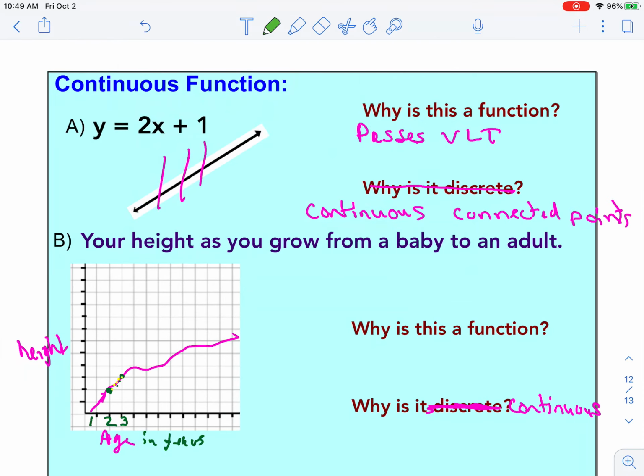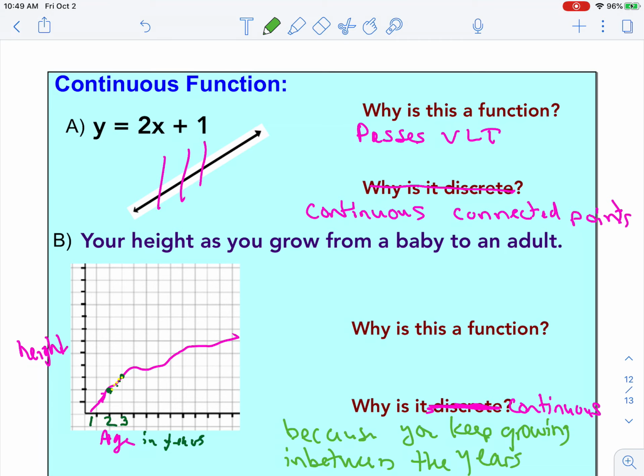So that's why it's continuous, because you keep growing in between the years.